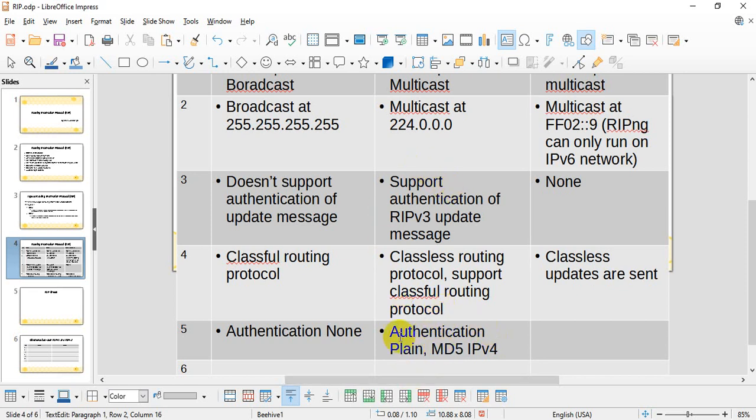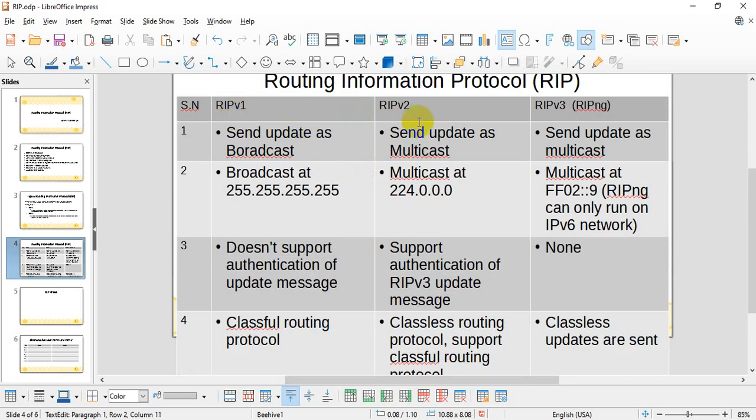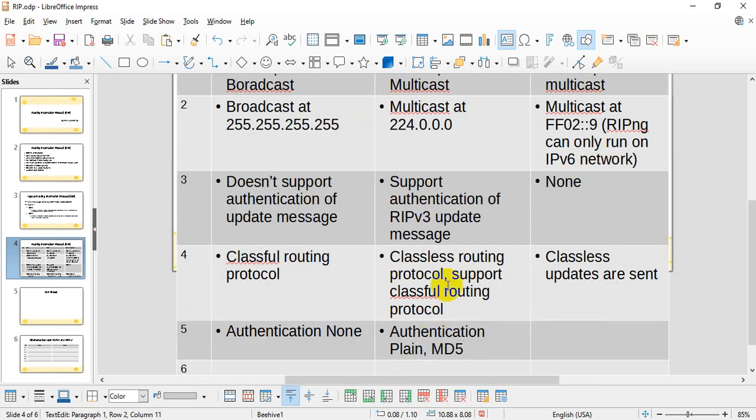Plain and MD5 authentication. It supports plain authentication and MD5 authentication. Okay, and in RIP version 3 we do not have any kind of authentication, so we write none.